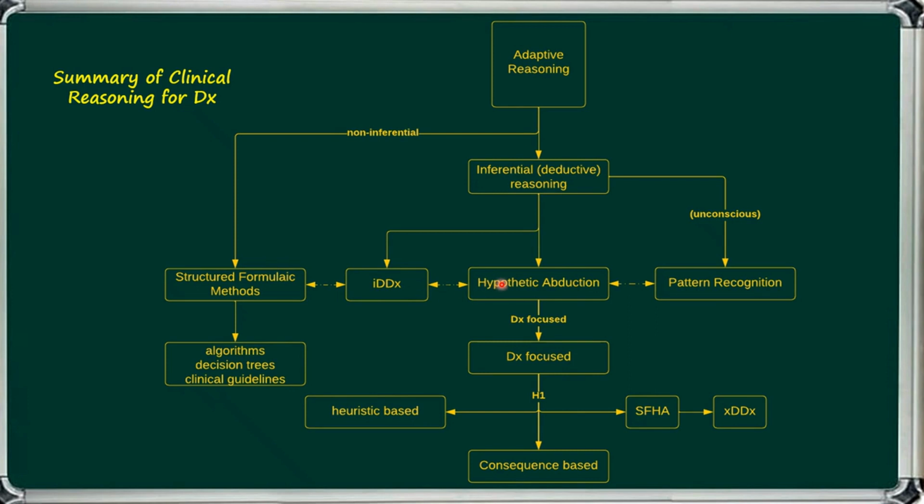We're not going to bother with inclusionary differential diagnosis as a diagnostic method, but we'll look at hypothetico-abduction instead, and we're going to look at focused. There's not a lot of point looking at unfocused hypothetico-abduction. You do whatever you want to, basically. So this will generate H1. Now H1 can be based on a heuristic, usually an availability heuristic. Or it can be based on a consequence.